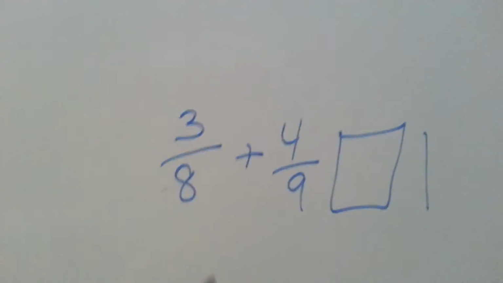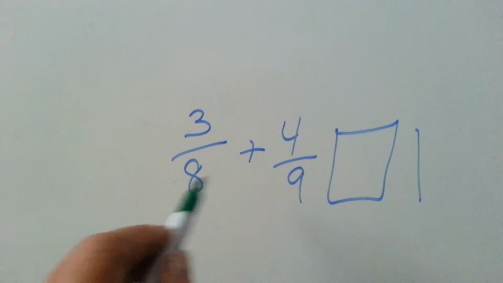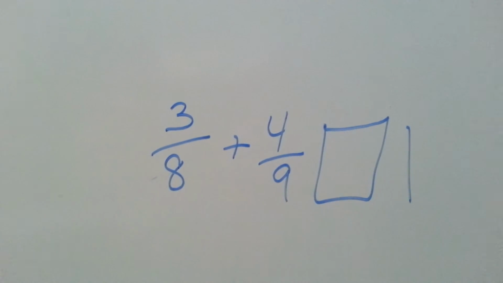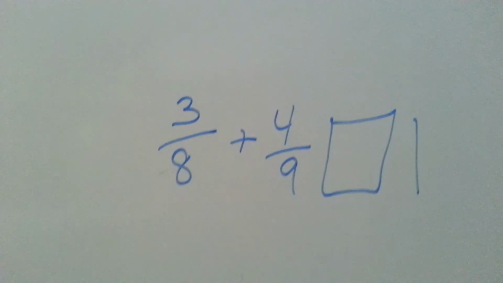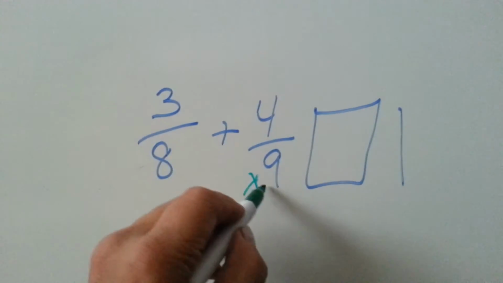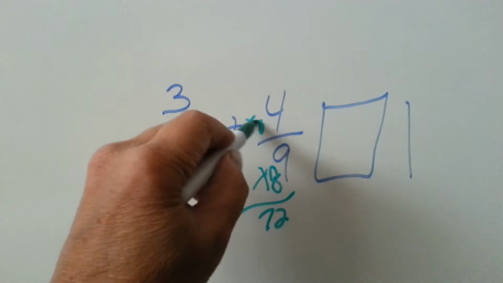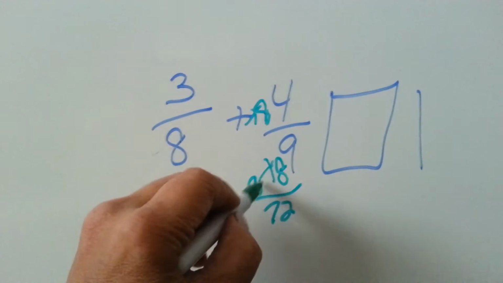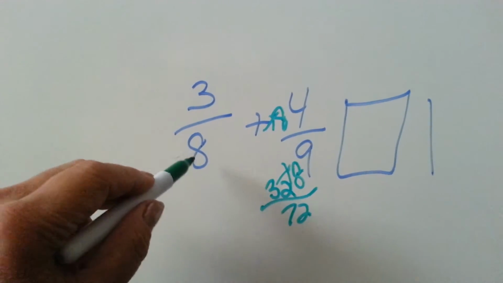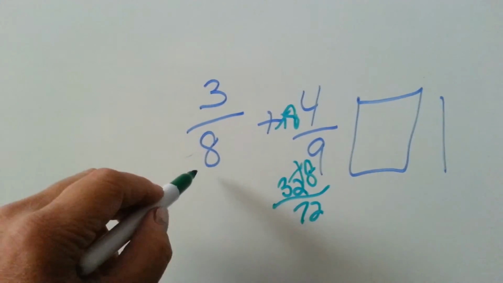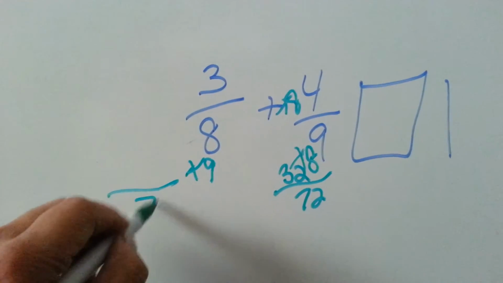All right, let's look at this last one. We've got 3/8 plus 4/9. Where can the 8 and 9 meet? At what number? Usually they meet where they multiply. So 9 times 8 is 72, and 4 times 8, because it's jealous, is 32. So now we've got 32 over 72. Now the 8 needs to meet at the 72, so we're going to multiply it by 9 to get 72.